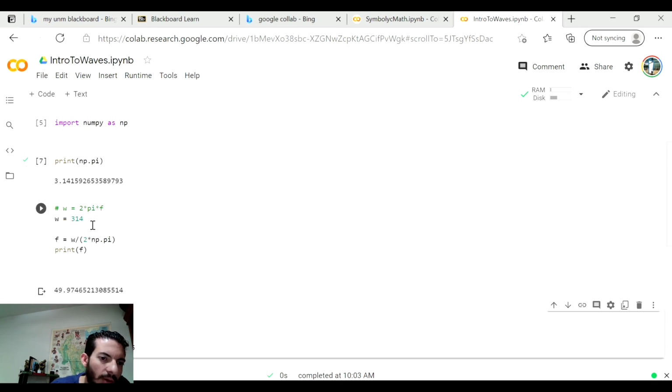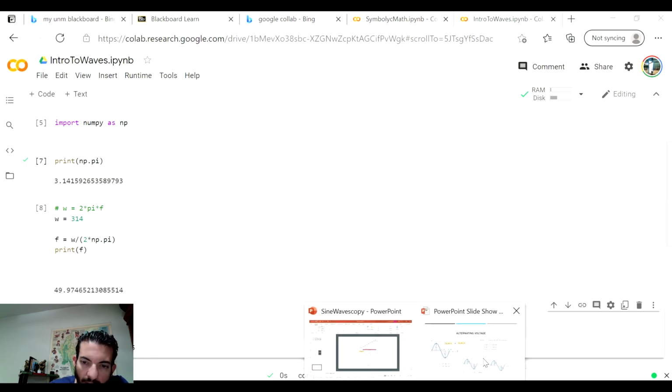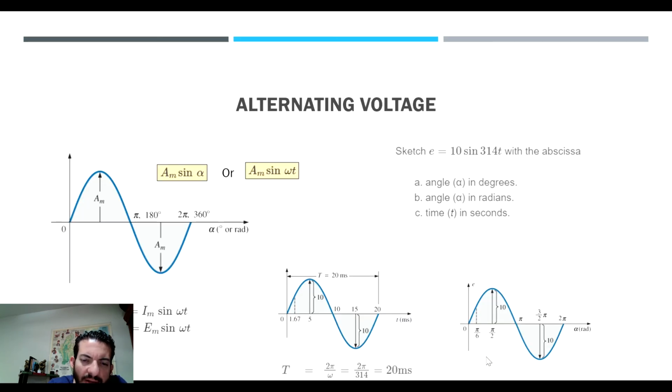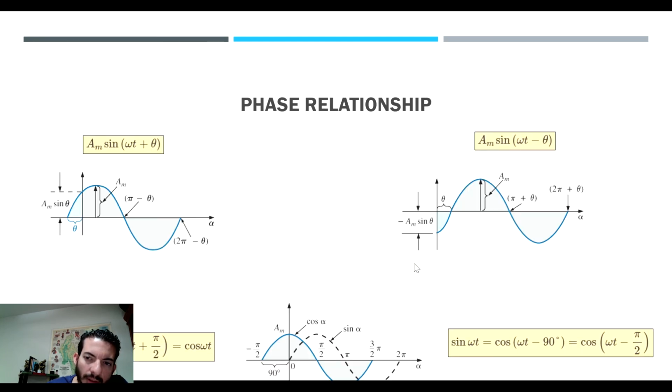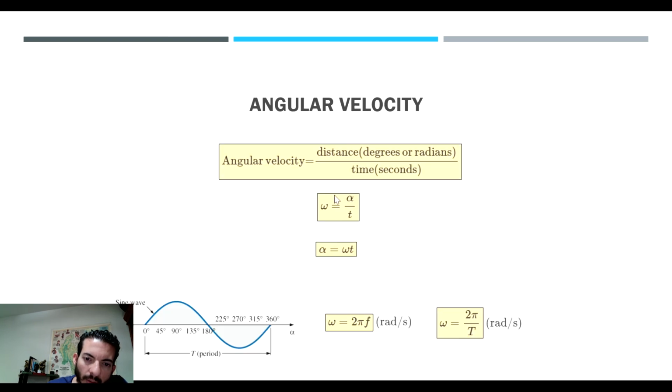What are the units of 314? Let me go back to the presentation. 314 is omega, and omega has units of radians per second, right?